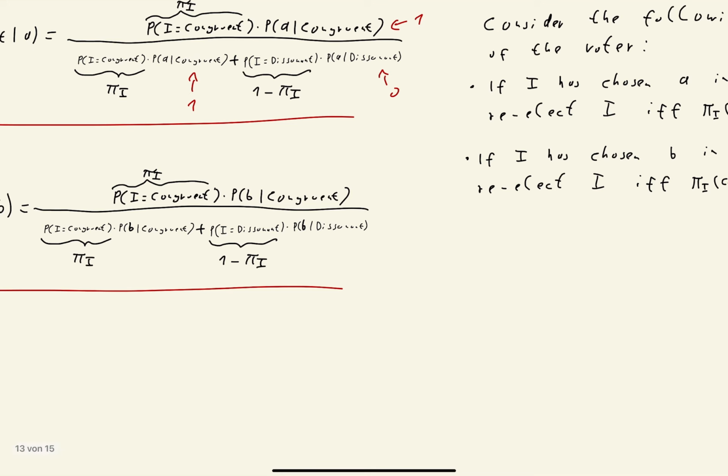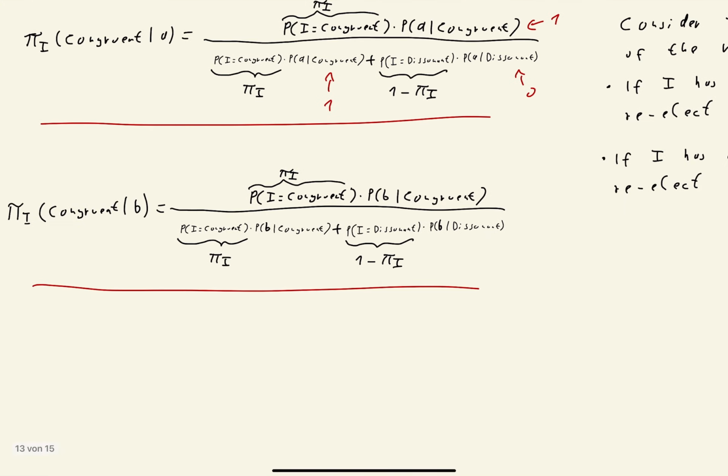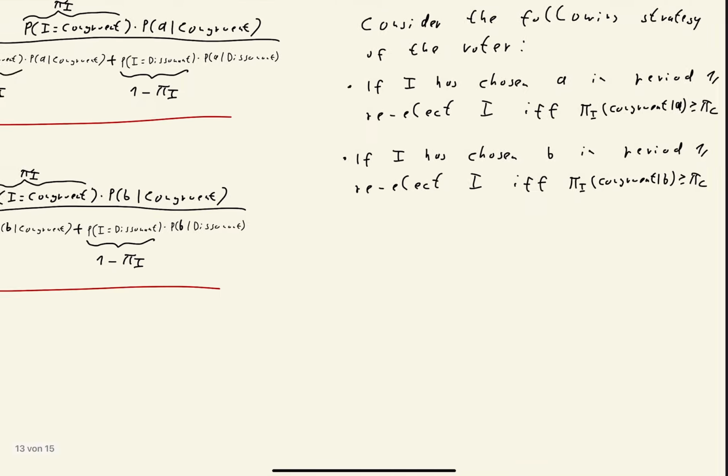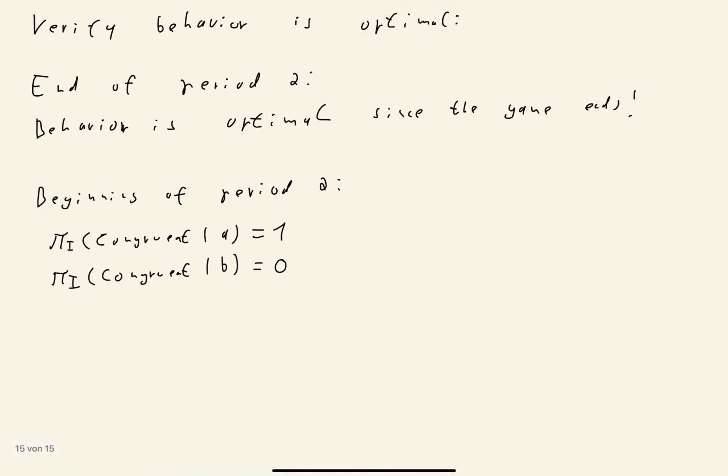So at the end, the belief will be equal to 1. And the same here: this will be 0, this will be 1, and this will be 0, and at the end, the belief about the incumbent being of a congruent type having chosen policy B is equal to 0. So that's the way that you can calculate it.